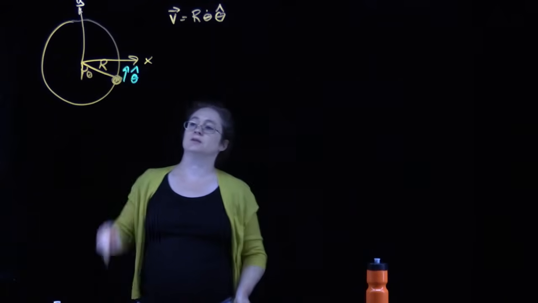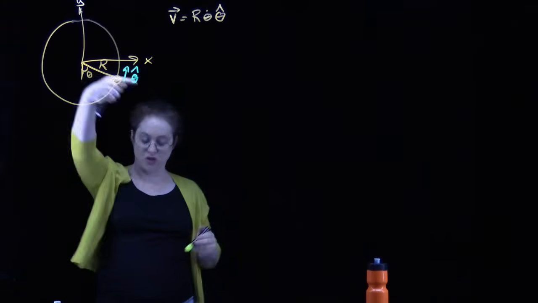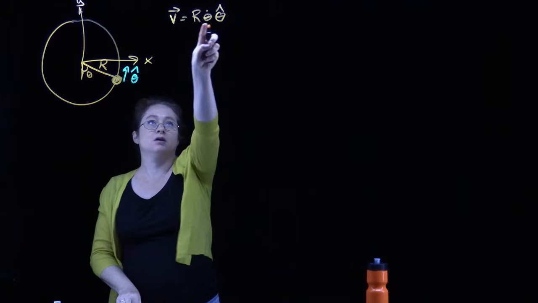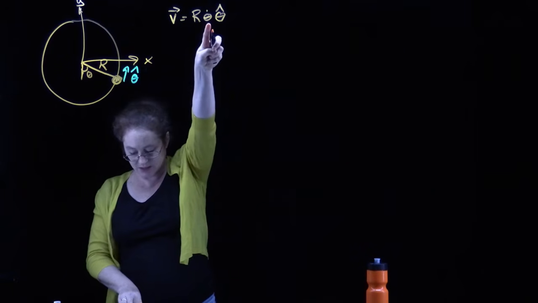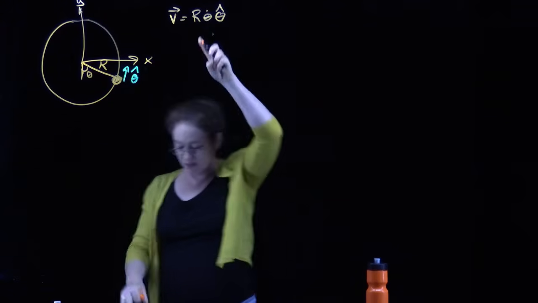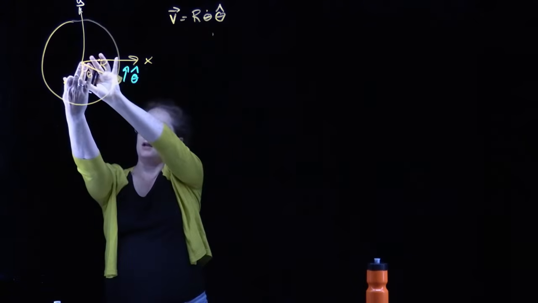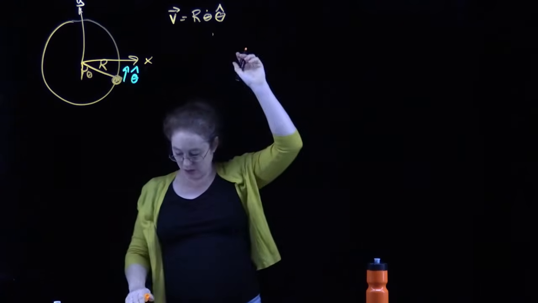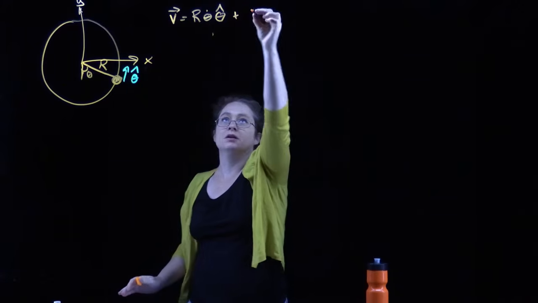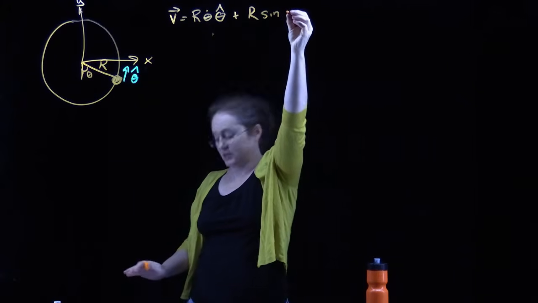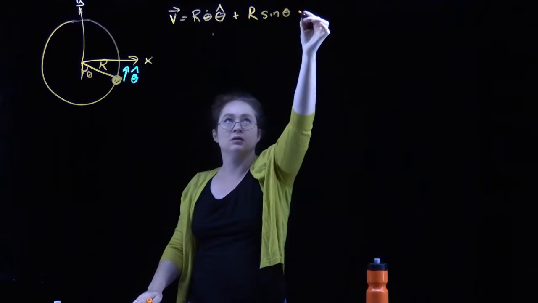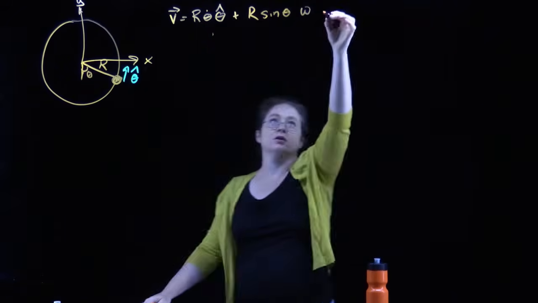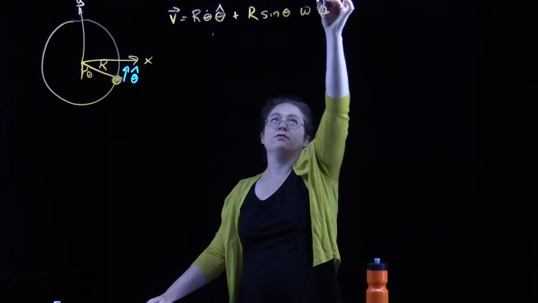So increasing theta is that direction, r hat is that direction, and our velocity is r theta dot in the theta hat direction, and then we have an angle of the loop overall, which is r sine theta times omega, the angular velocity of the loop of wire, phi hat.